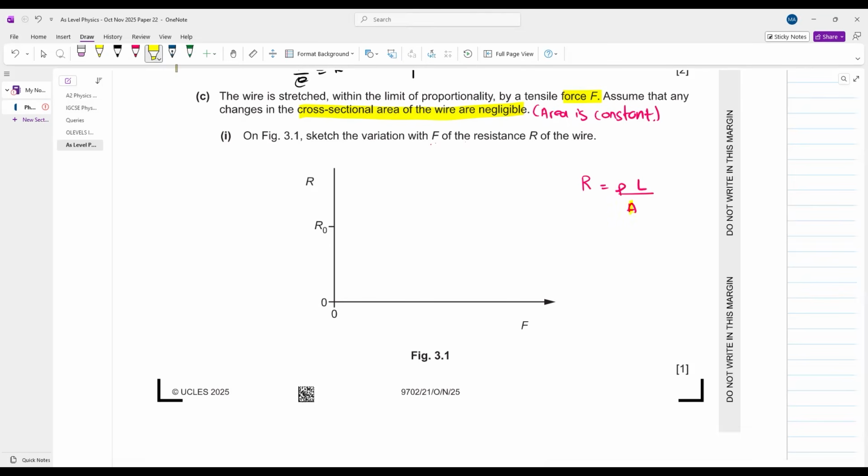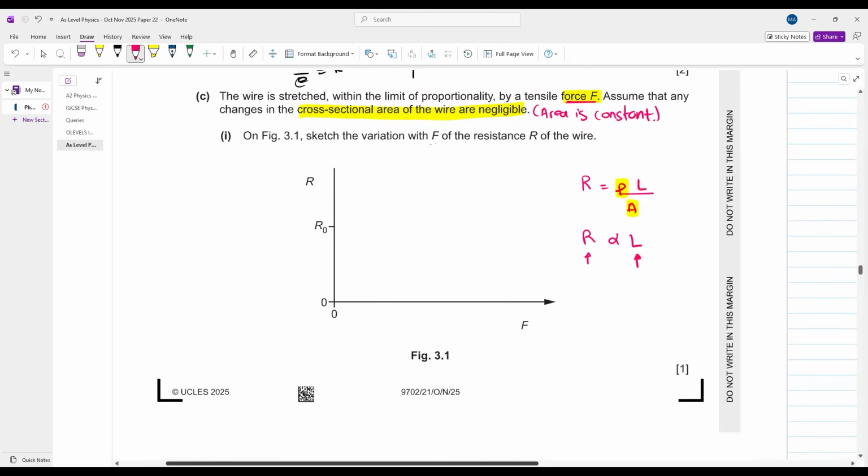From the above statement, you know area is constant. Resistivity of a material also remains constant. Resistance becomes directly proportional to length. If you are applying a tensile force, it increases the length of the wire. It increases the resistance of the wire.